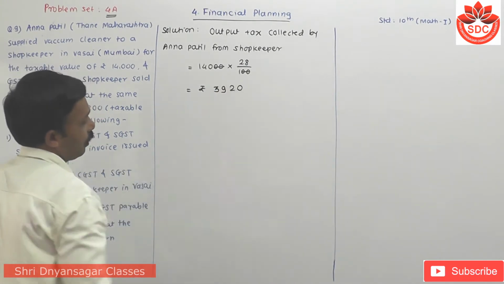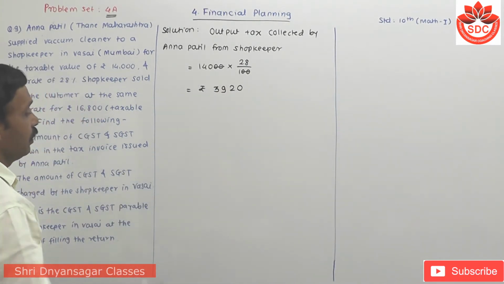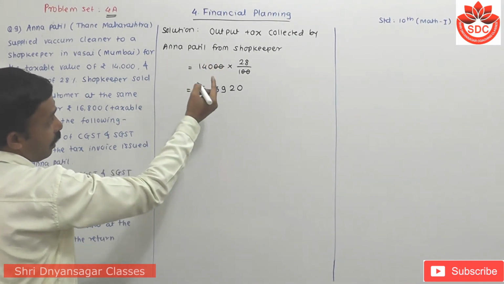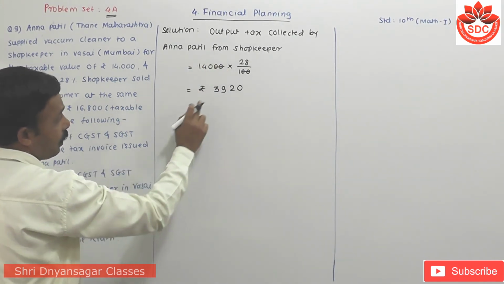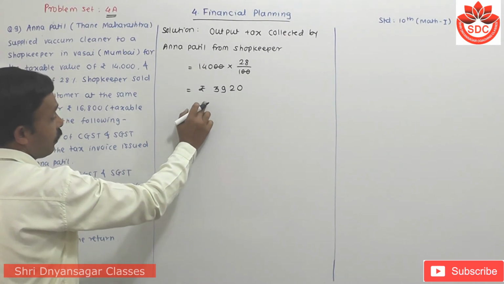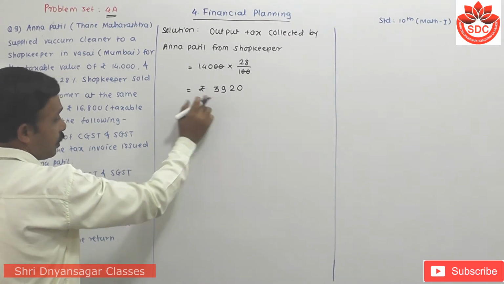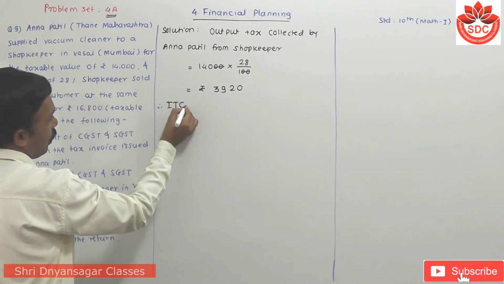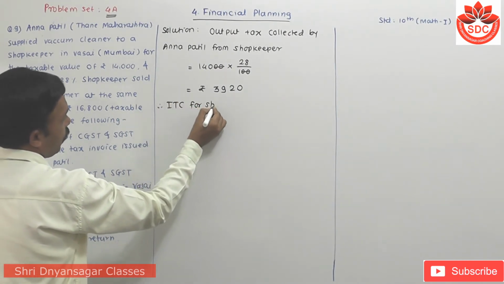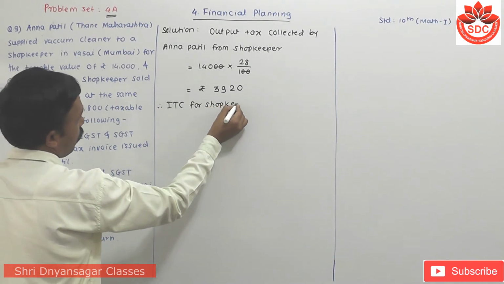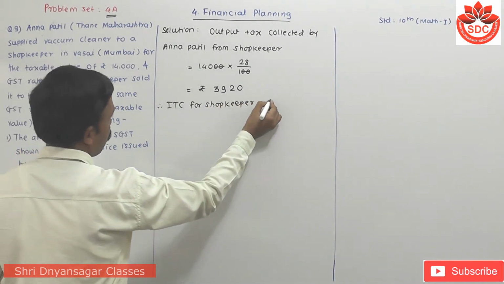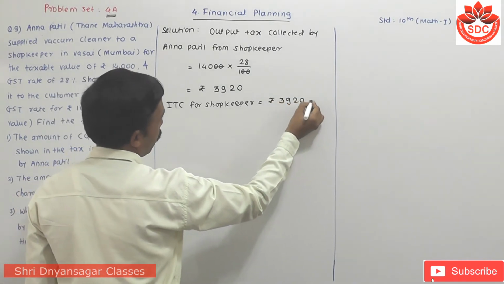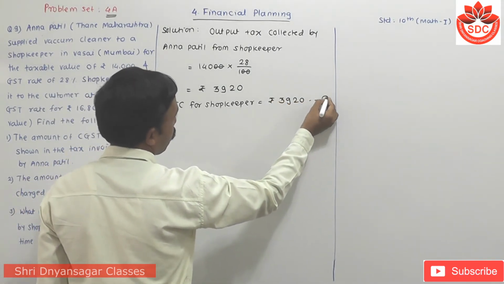Means that this is the output tax collected by Anna Patil from this shopkeeper. Means that this is the ITC for this shopkeeper. Therefore ITC for the shopkeeper is equal to rupees 3,920. This is equation number, suppose that, first.